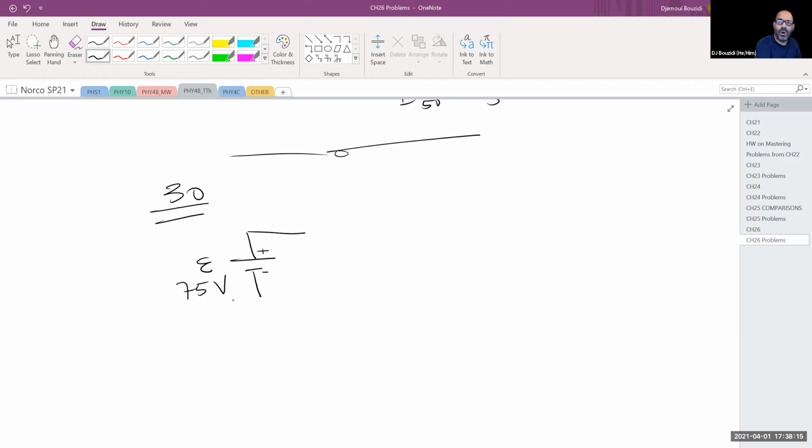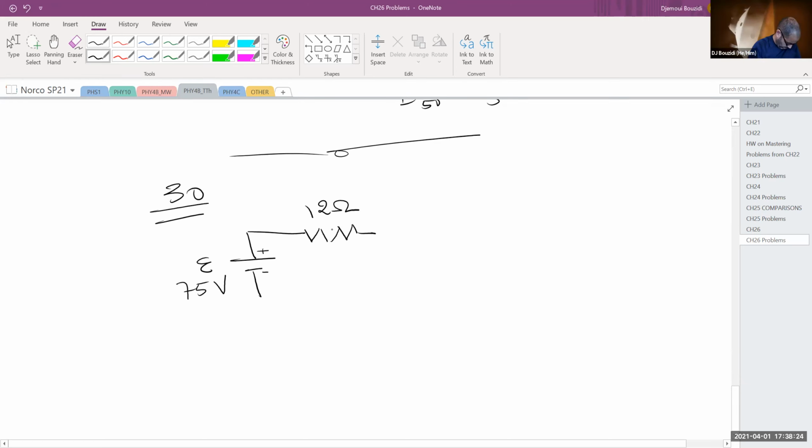So we have a 12 ohm resistor, and we have a 48 ohm resistor. And we have also a junction in here where we have a battery of an EMF that is unknown.